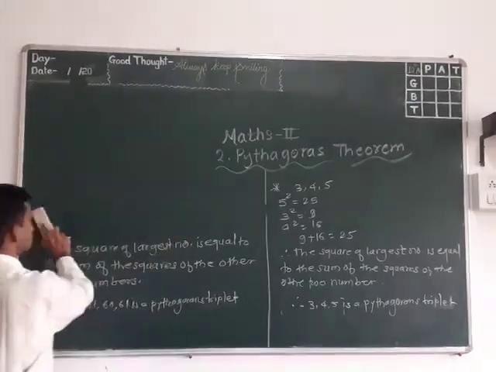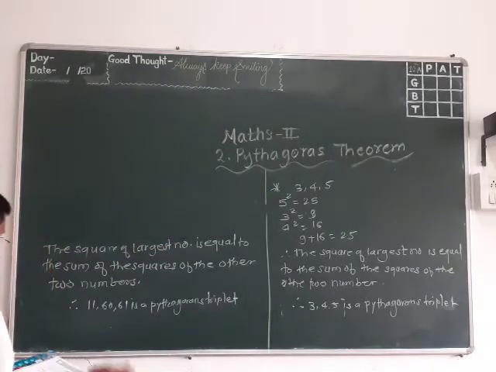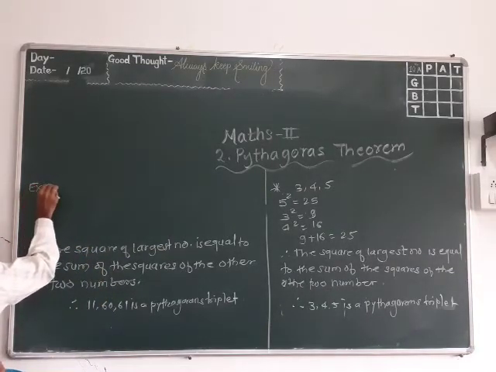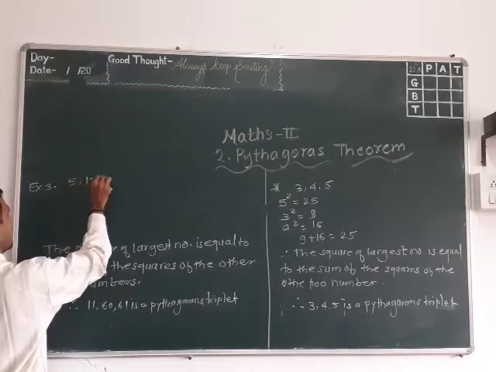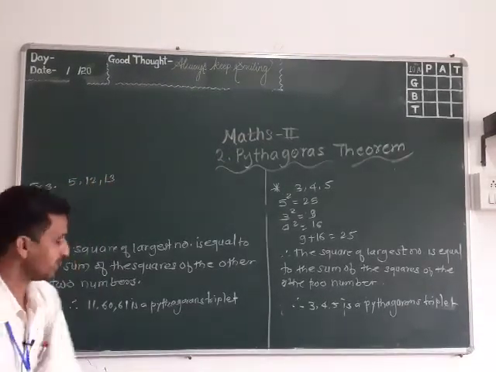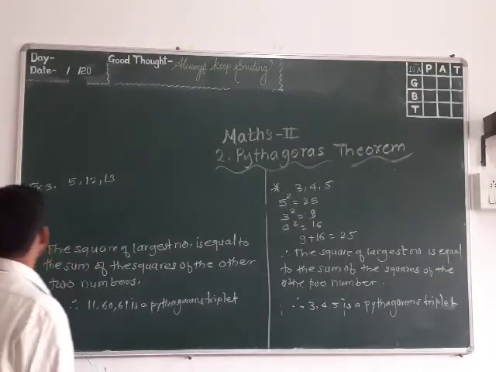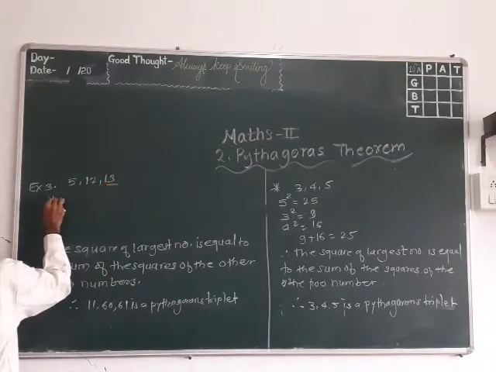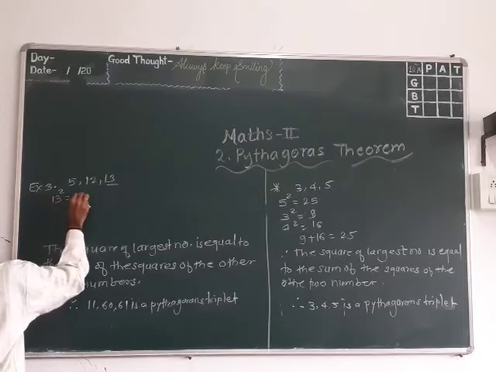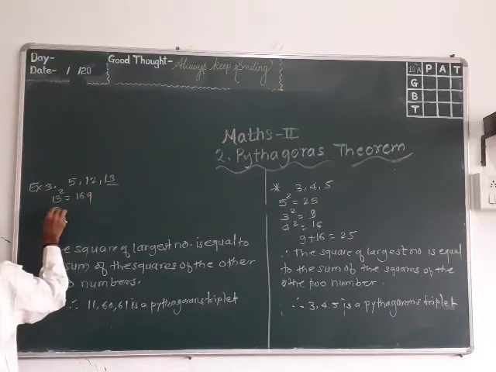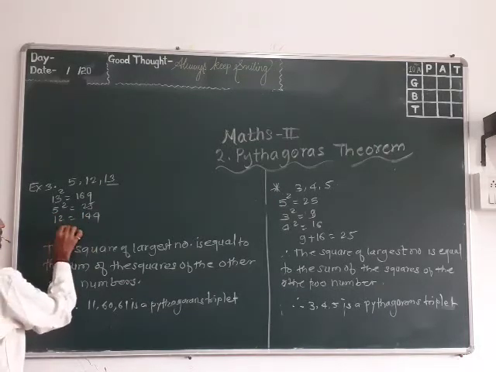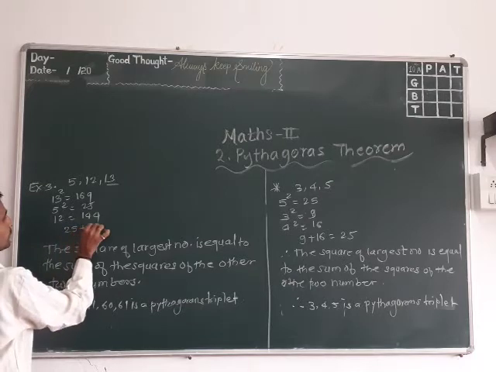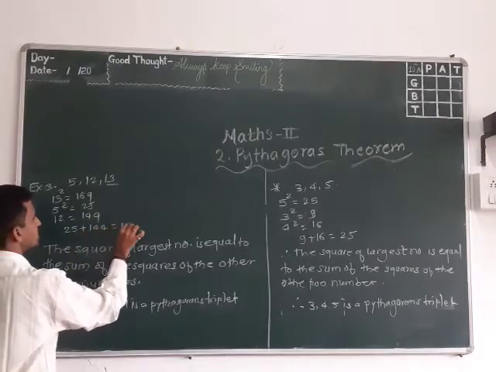The biggest number is 13, and 13 square is 169. 5 square is equal to 25. 12 square is 144. 25 plus 144 is equal to 169.